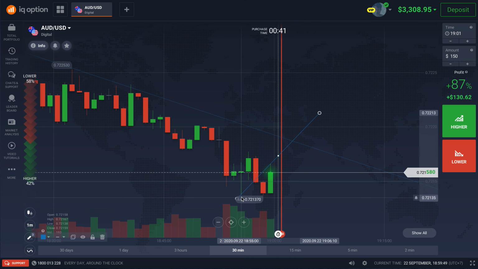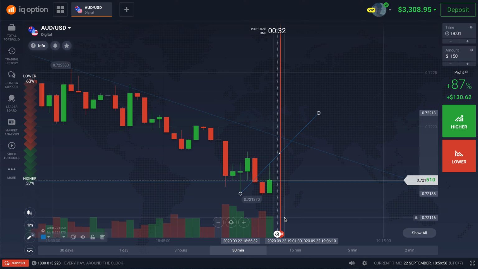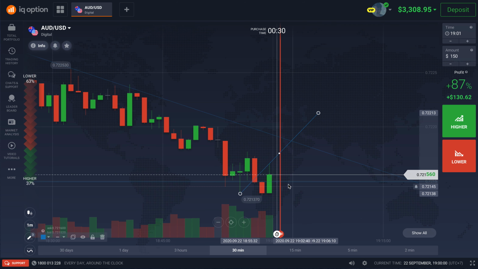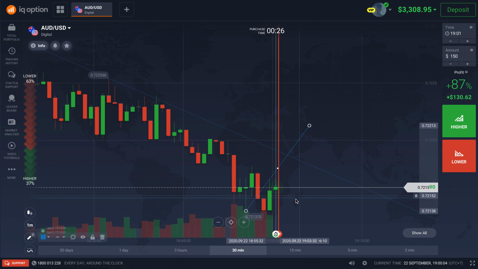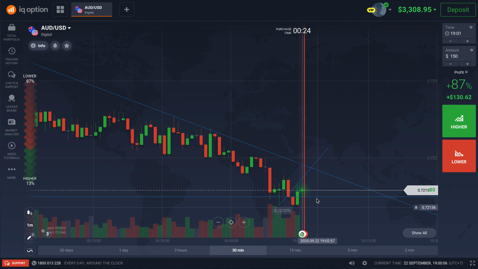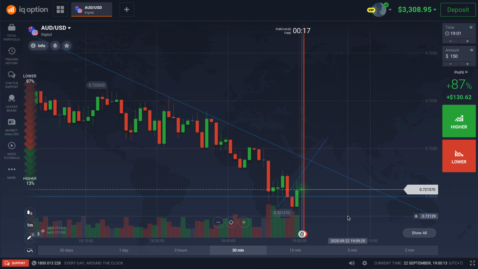Maybe it continues like 2 or 3 candles, something like that, if it reaches this level. Okay, it's reaching this level. Okay, it's possible that it will continue for one more candle, or a couple of candles, on the bullish, and we will wait until it hits this trend line, and then we take another opportunity on the bearish.